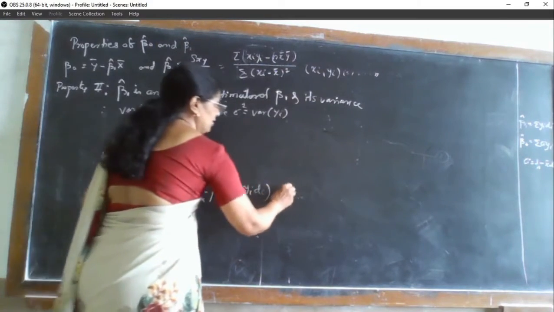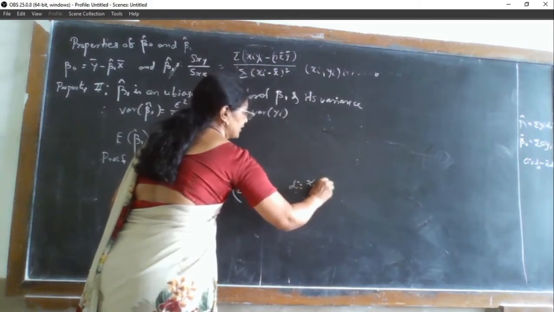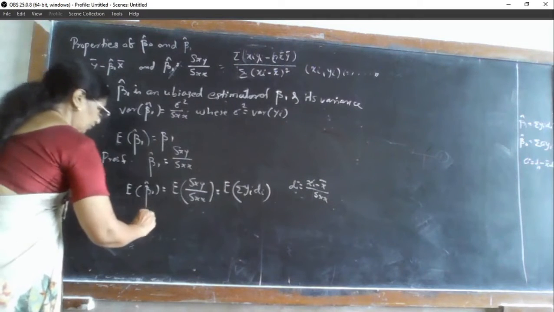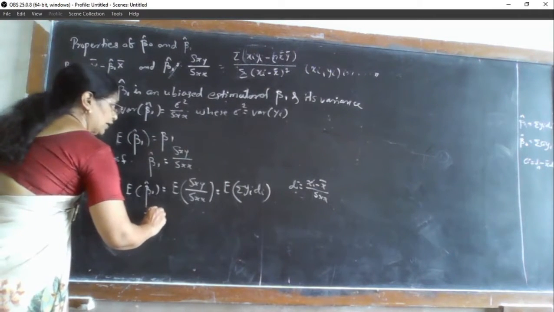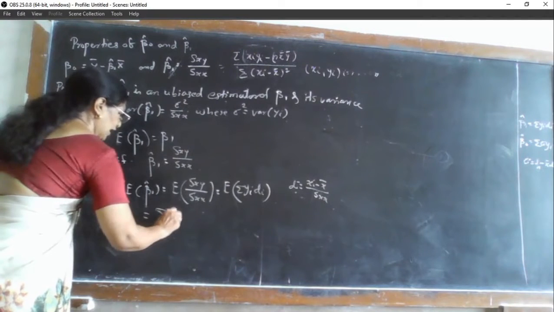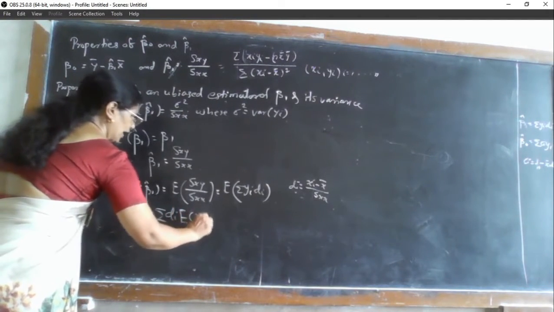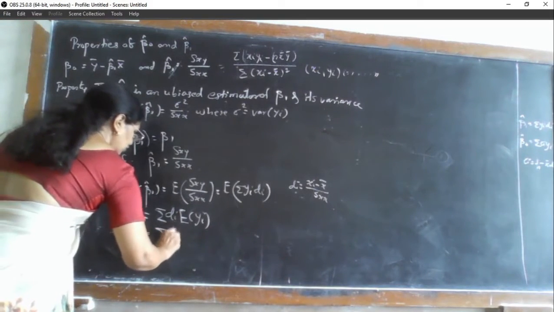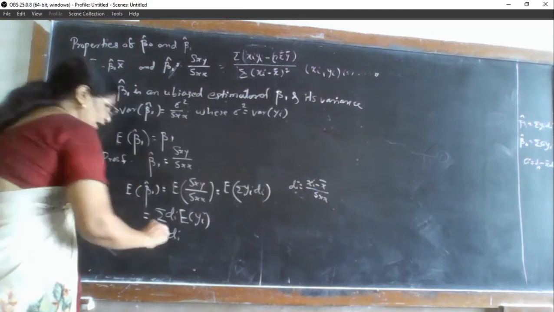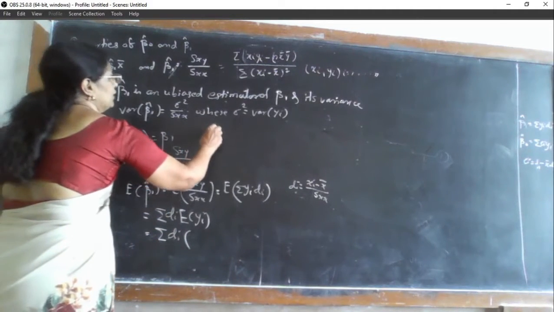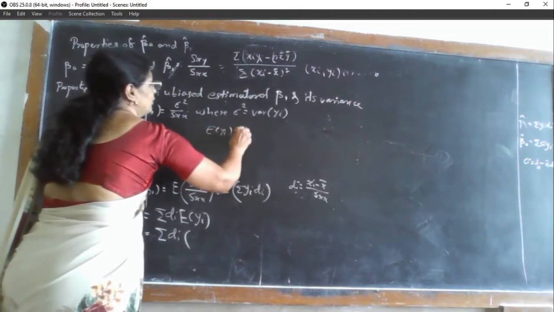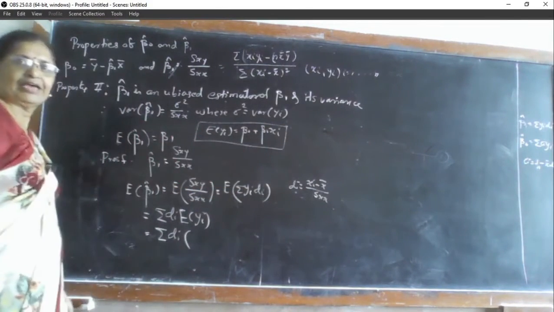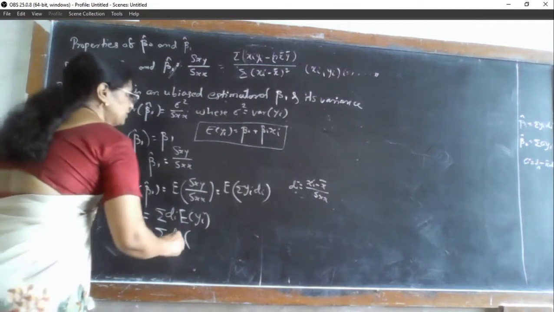And what is your di? Your di is (xi minus x bar) upon Sxx. Okay, so we can write it like this. So this is same as summation of di expected value of yi. What is expected value of yi? Expected value of yi is beta naught plus beta 1 xi.